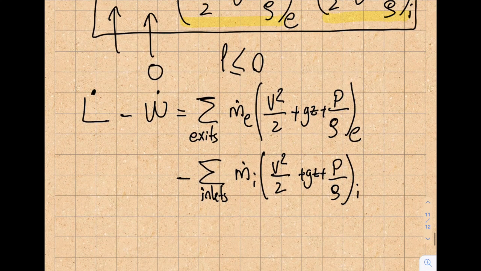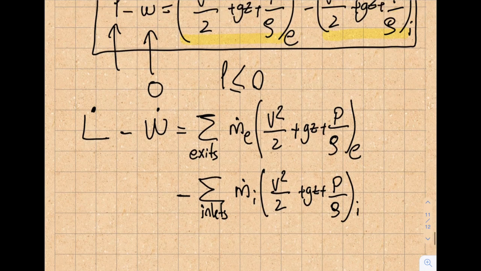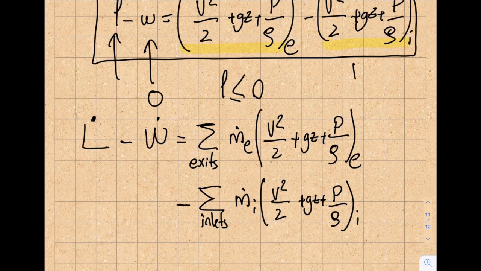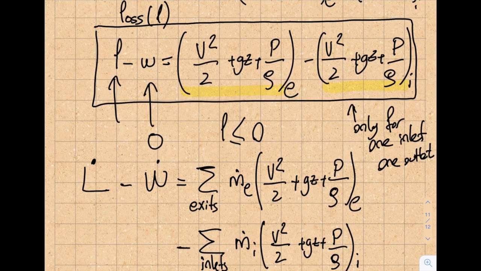So this is the other version of this formula. Be careful that the first one is only for one inlet, one outlet, and the unit of L will be energy per unit mass.